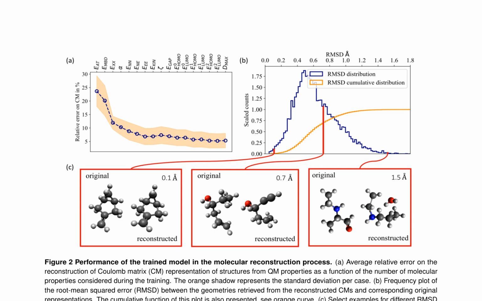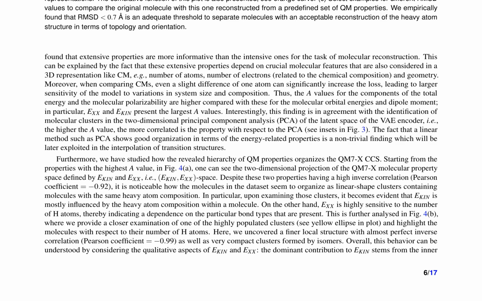Consequently, the components of the total energy and molecular polarizability have higher values compared to molecular orbital energies and dipole moment. Interestingly, this finding aligns with the identification of molecular clusters in the two-dimensional principal component analysis (PCA) of the latent space of the VAE encoder, where higher values correspond to better correlation with respect to PCA.